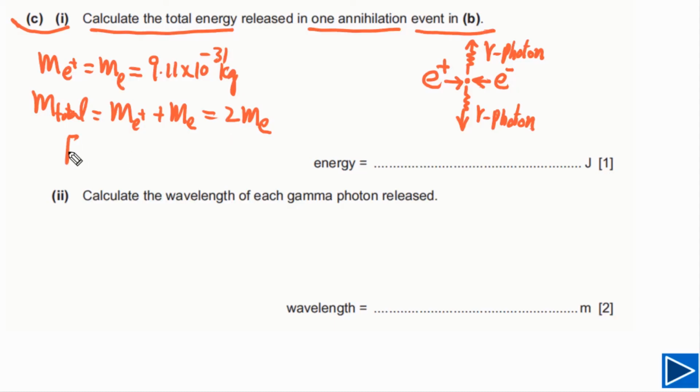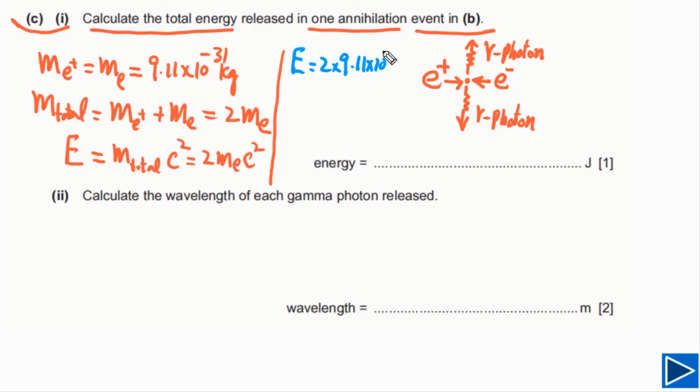We need to calculate the total energy released. So E is equal to M total times c squared, which is 2 times the mass of an electron times c squared. Now we plug in these values: E is equal to 2 times the mass of a single electron times c squared, where c is 3.00 times 10 to the 8. Simplifying, the final answer is 1.64 times 10 to the negative 13 joules.